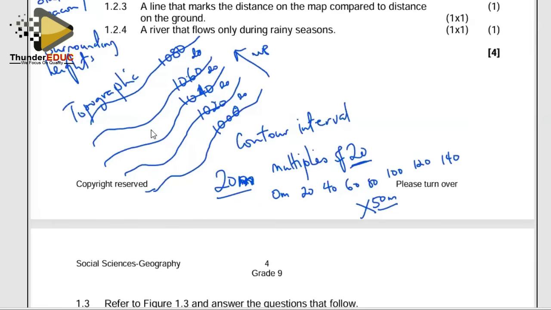For example, there will be spot heights, benchmarks, and any other indicator of height that you can think of. But basically, the contour lines are in that particular sequence of multiples of 20 for every contour line next to each other.